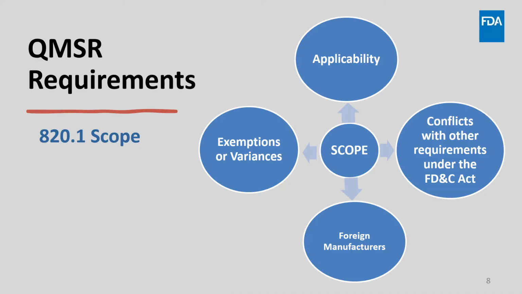The scope clarifies that the definition of the FD&C Act supersedes the definition in the ISO 13485 standard. It includes requirements pertaining to the refusal of admission of devices imported or offered for import for foreign manufacturers and includes the criteria for exemptions or variances from requirements within the QMSR.